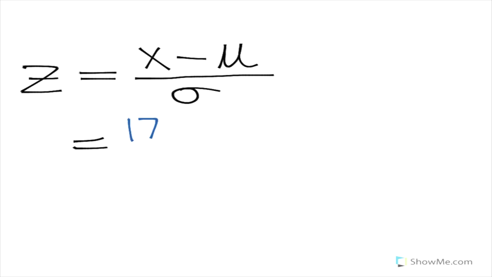17, which was our x value, minus mu was our population mean of 15, and then we divide by our population standard deviation, which was 2.4.